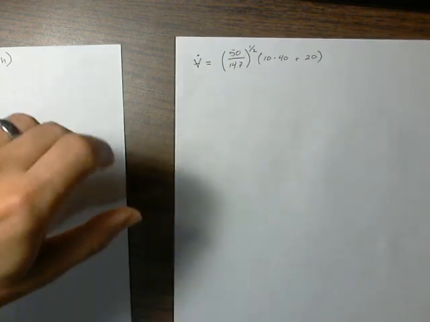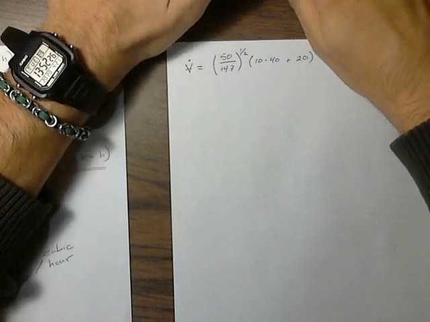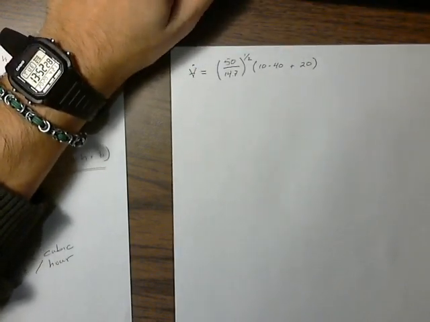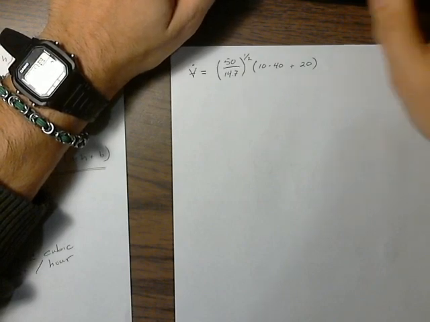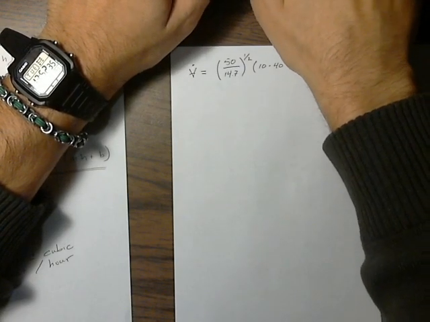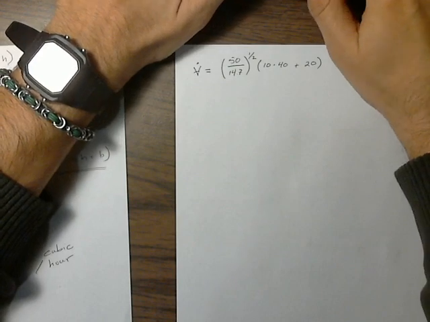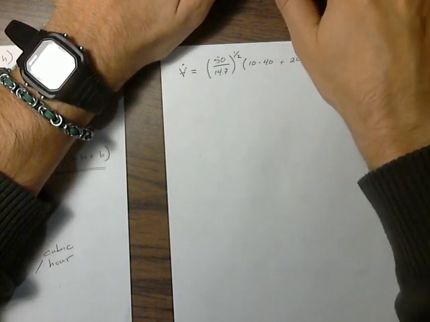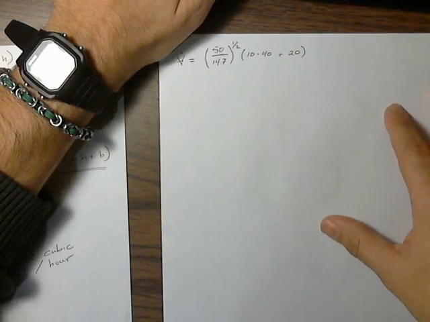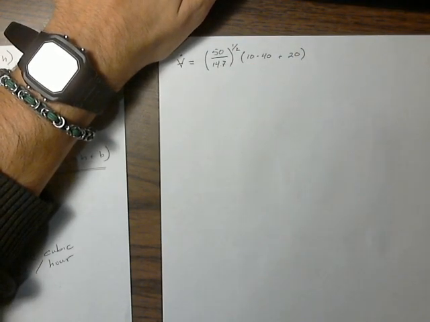Let me bring up my handy dandy Python terminal. So 50 divided by 14.7 is about 3.4. Square root is about 1.8. And then that's going to be times 420.